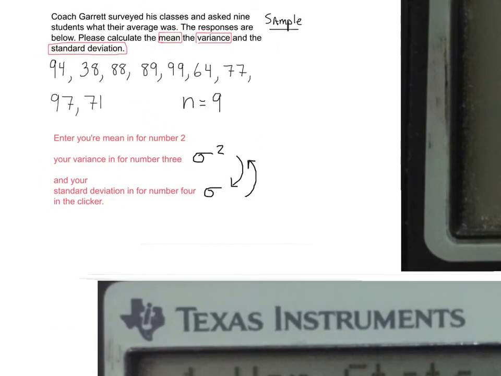So the mean, what was the mean? 79.7. The variance was 387.5. And the standard deviation was what? 19.7.